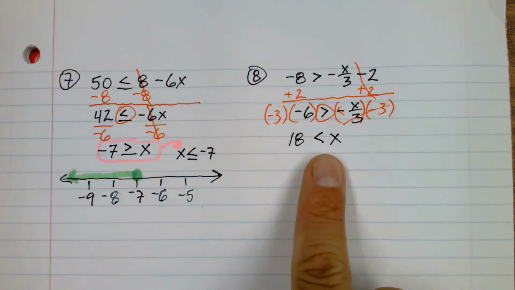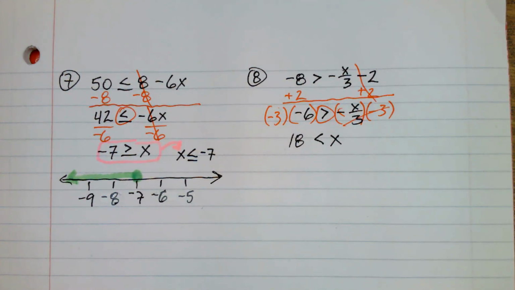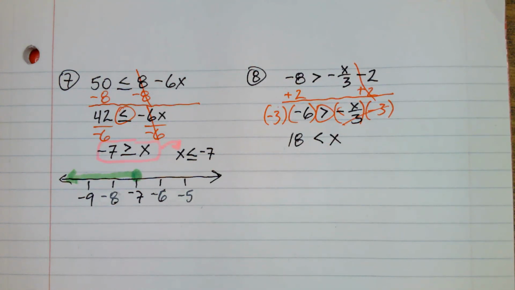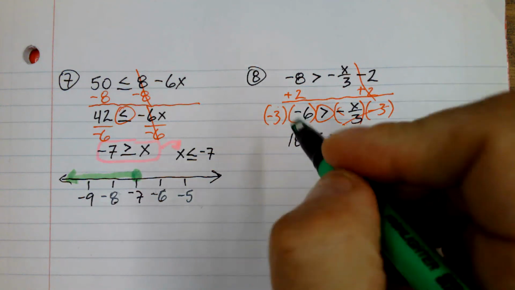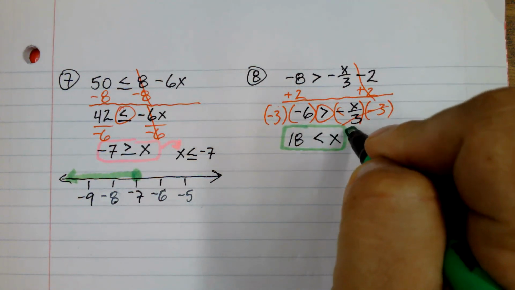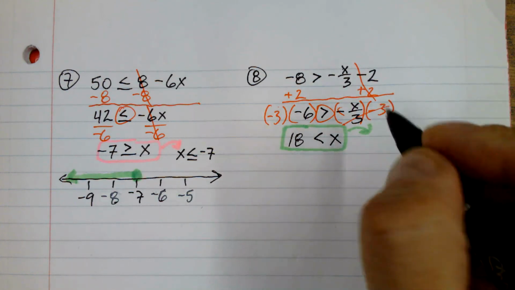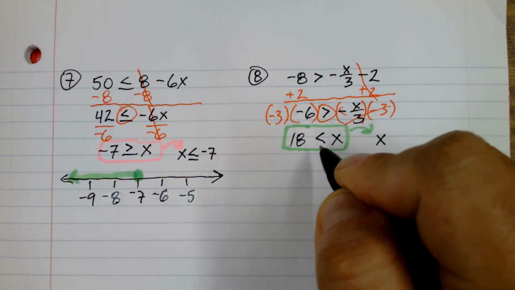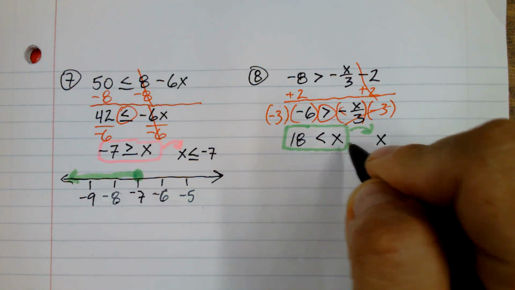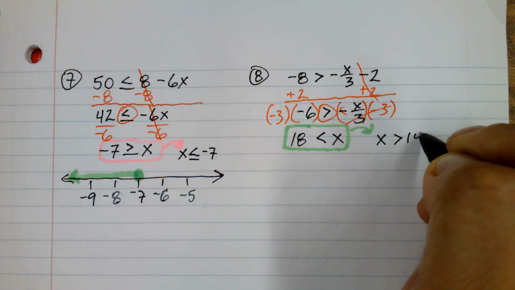So that was one flip. I flipped the inequality symbol. Now I have to flip the whole inequality if I want to get a better idea of how to graph it. You do not have to do this step. This one is optional. You're rewriting the answer a different way. And all it does is tells me, I turn it over. Another way to say 18 is less than x is to say x is greater than 18.